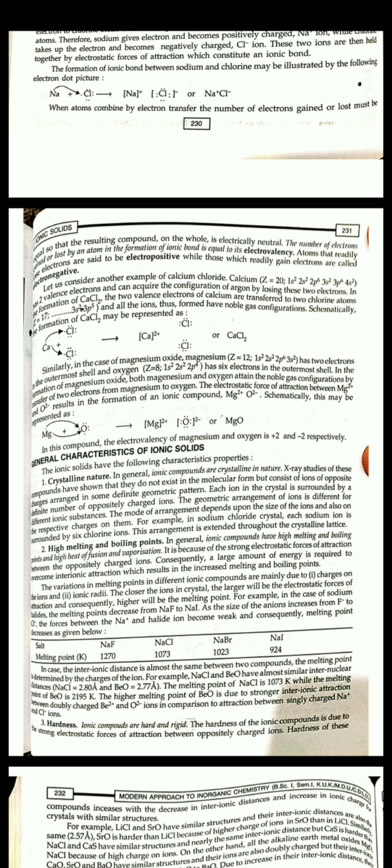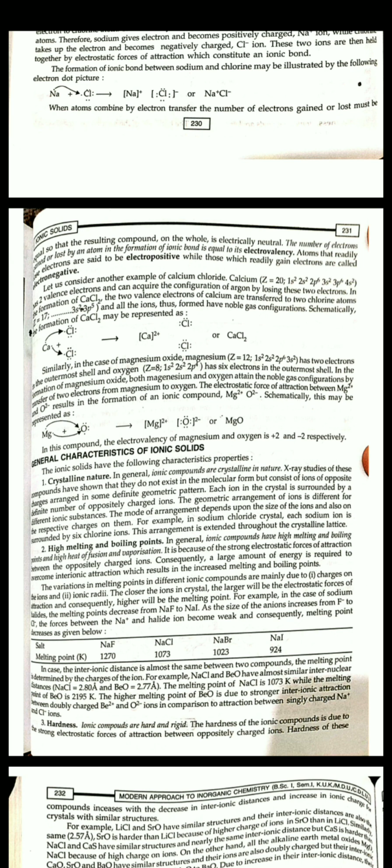The electrostatic force of attraction between Mg2+ and O2- results in the formation of the ionic compound Mg2+ O2-. In this compound, the electrovalency of magnesium and oxygen is +2 and -2 respectively.